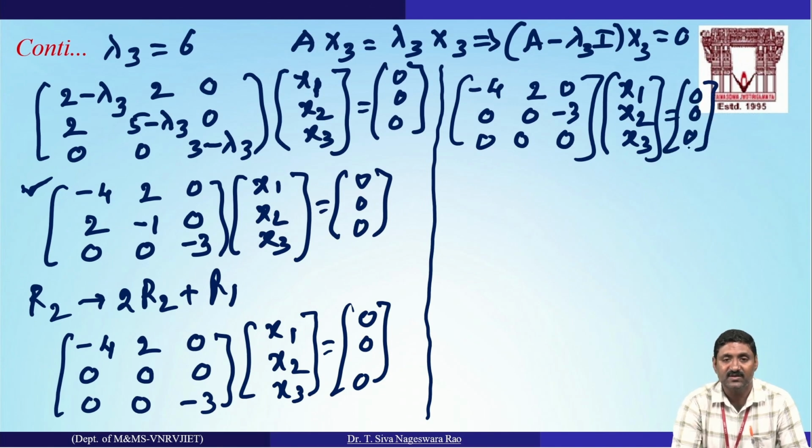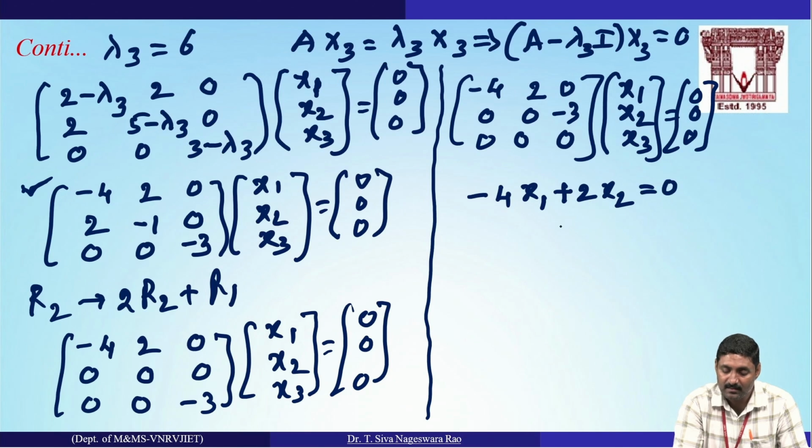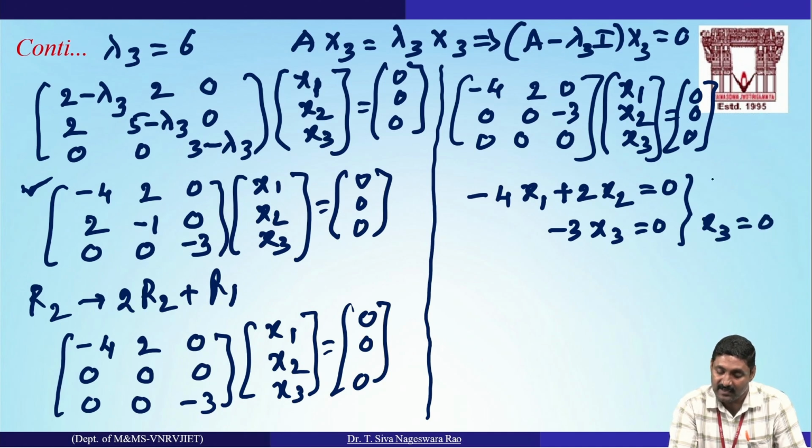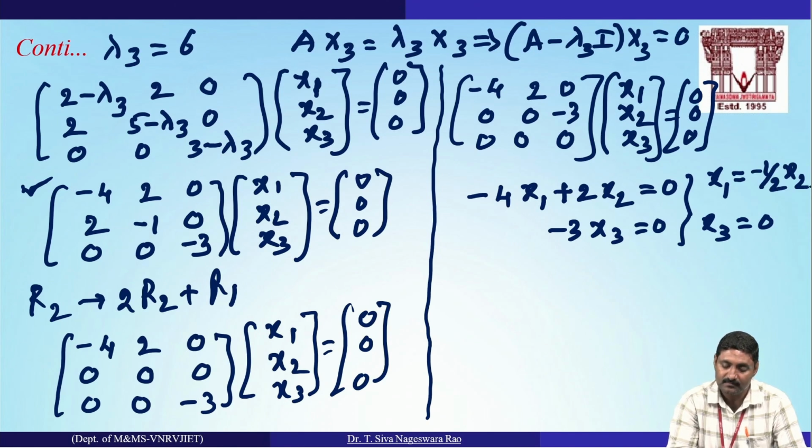Now the rank is 2, the number of unknowns is 3, therefore n minus r is equal to 1. We will introduce only one arbitrary constant. From this matrix system, I am going to write the system of equations. Minus 3 x3 is equal to 0. From this, x3 becomes 0 and x1 is equal to minus 1 by 2 x2.